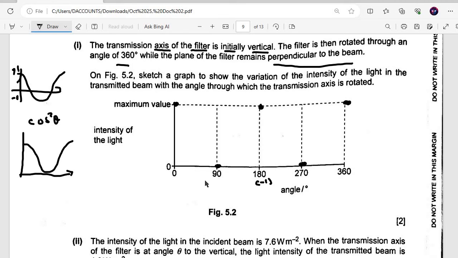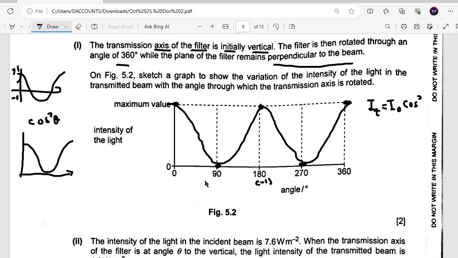So if we are going to sketch the graph, it comes like this. That's the graph. Using Malus law, the transmitted intensity equals the initial intensity times cos squared theta. So that'll be the graph.